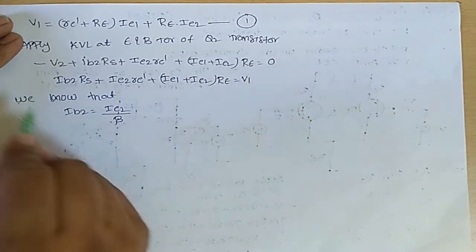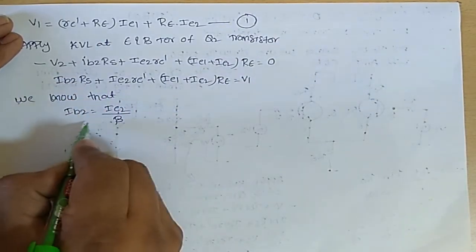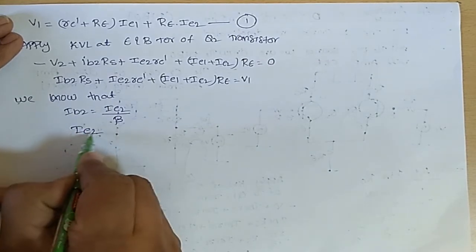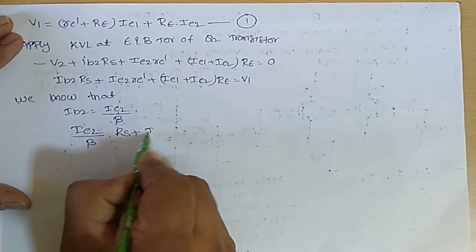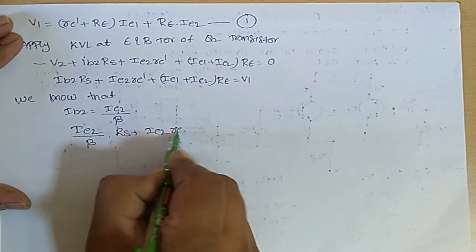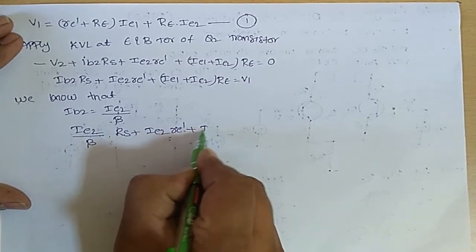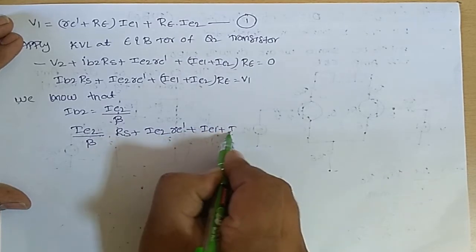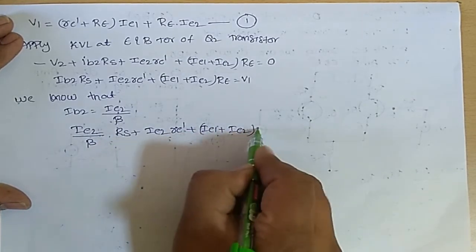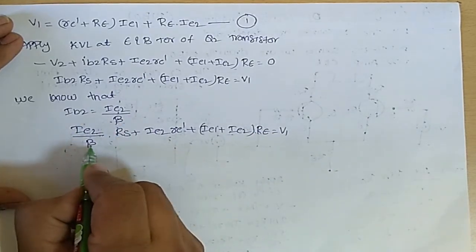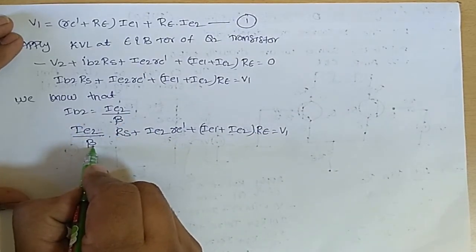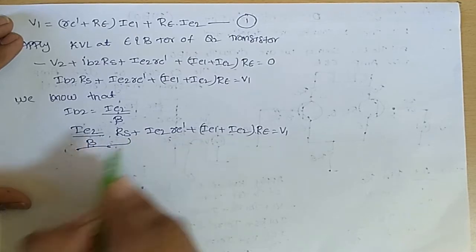Substituting the IB2 value, we get IE2 by beta into RS plus IE2 into Re dash plus (IE1 plus IE2) into Re equal to V2. Here the beta value is large, therefore we can neglect this term.